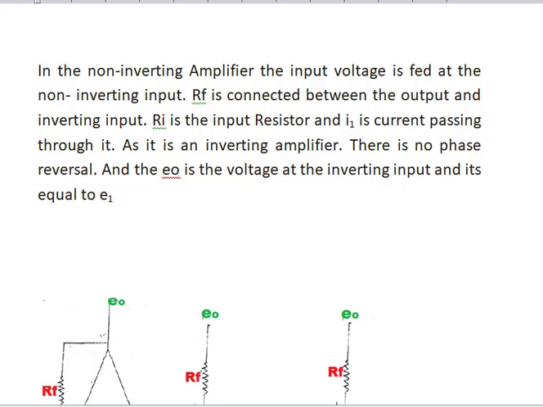Already I told you. The output voltage EO appears at the sixth pin of the operational amplifier, and this output voltage EO is equal to the input voltage E1.